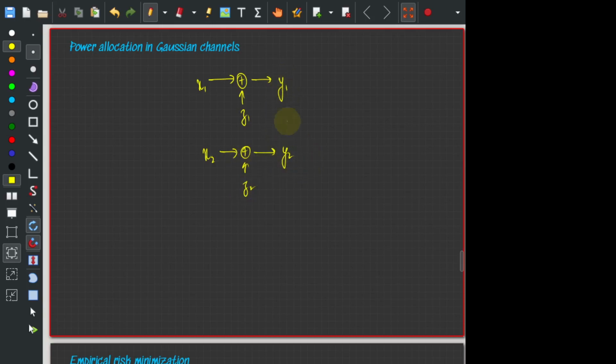The receiver sees y1, y2, and this is Gaussian noise. Each zi is Gaussian with zero mean, and the first has variance sigma 1 square. Over the second channel, it is Gaussian with mean 0 and variance sigma 2 square, and so on. I can have multiple such subchannels.